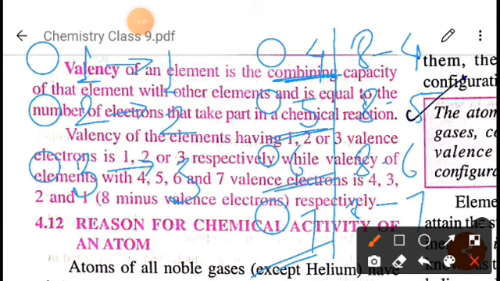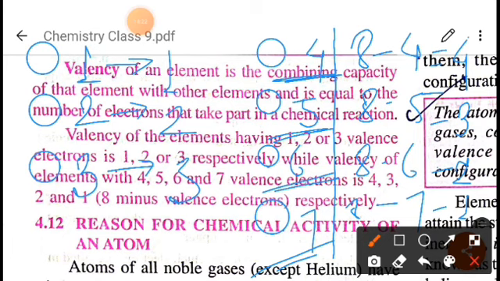I hope you are understanding this. So its valency will become 4, and this one's valency will become 3, right? This one's valency will become 2, and for this the valency will become 1, right? So if the valence electrons are 1, 2 and 3, then it will be the same as their valency.